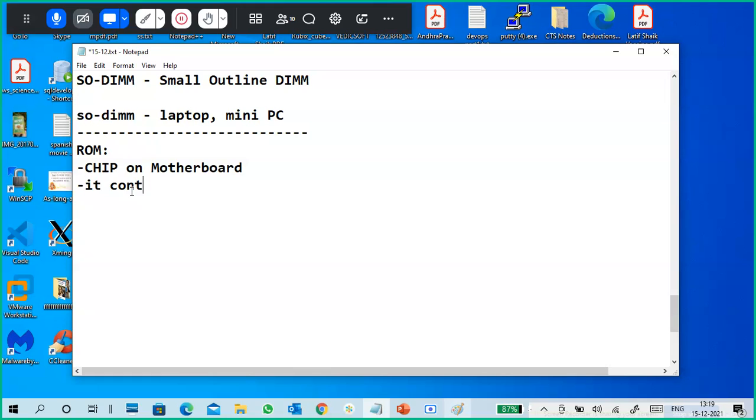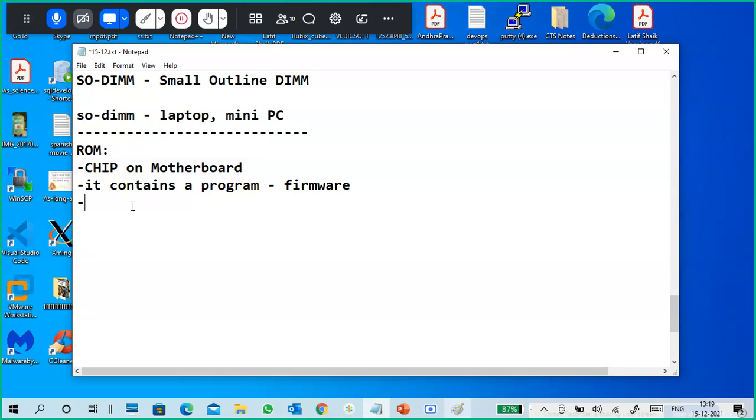It contains a program or a piece of code. That program we call firmware. Nowadays we have different types of firmware. Guys, listen carefully. What is this firmware? When you start a device, this firmware will tell it how to start.